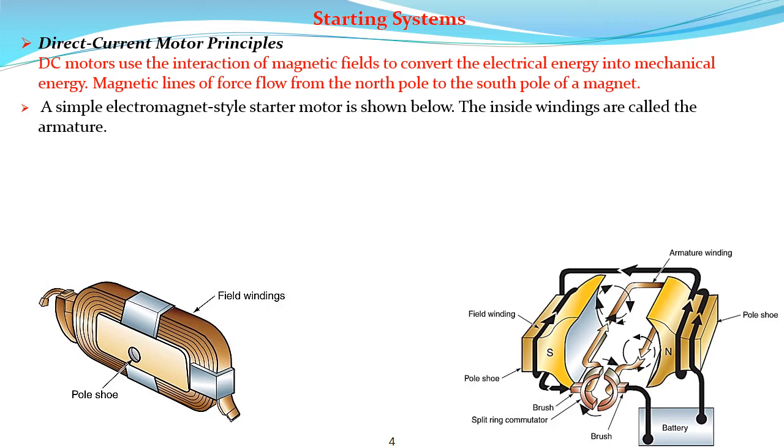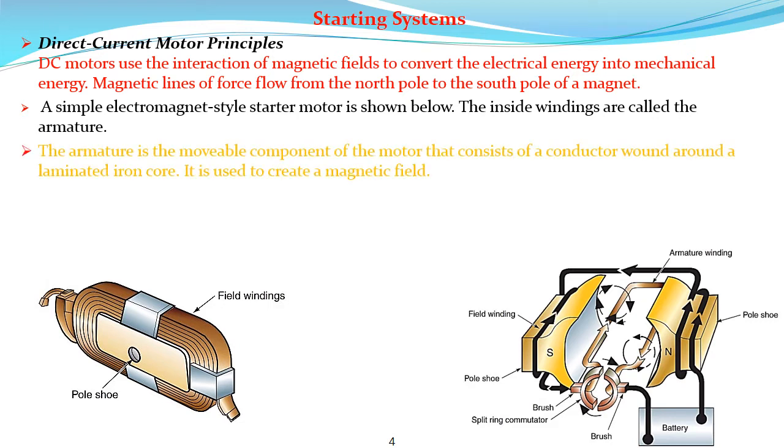The inside windings are called the armature. The armature is the movable component of the motor that consists of conductors and wires wound around a laminated iron core, made of strips of iron. Why are strips used? To reduce eddy currents, and we will come to its other benefits.